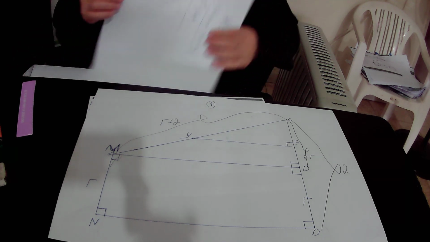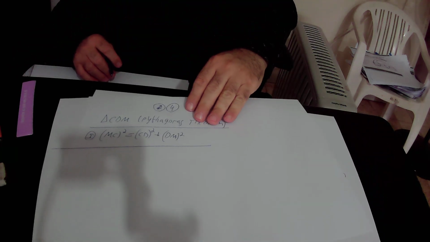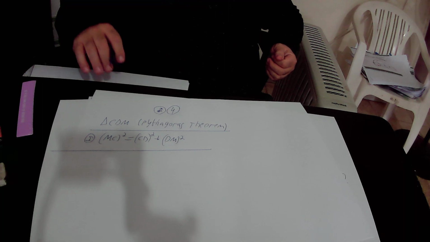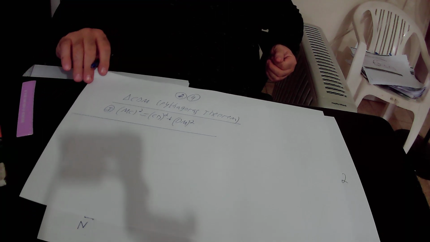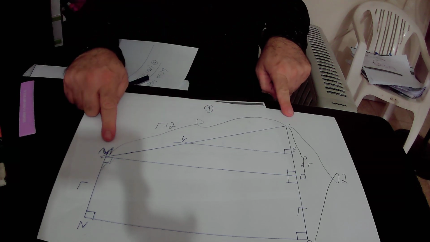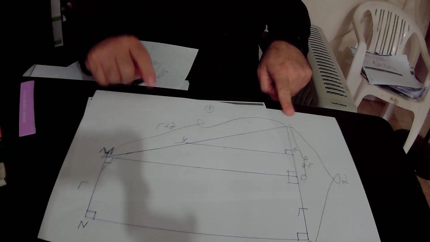I will repeat again. In the right triangle DMC, the square of the hypotenuse equals the sum of the squares of the perpendiculars. That is to say, MC squared equals CD squared plus DM squared. But we have already found out that MC equals R plus 2.